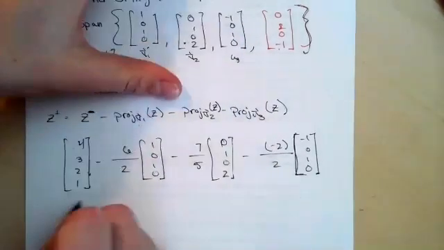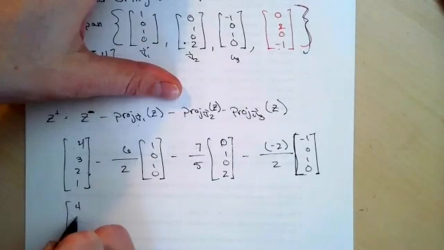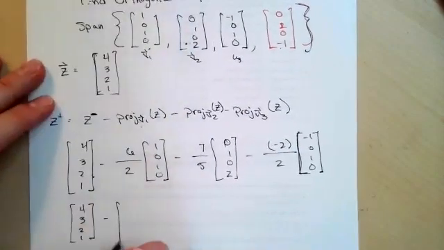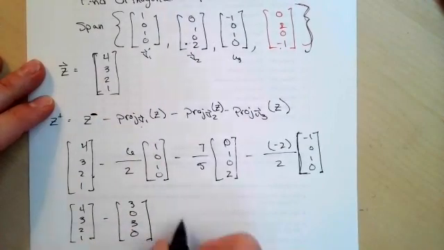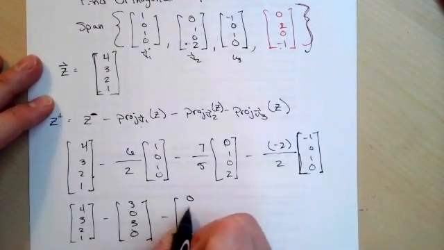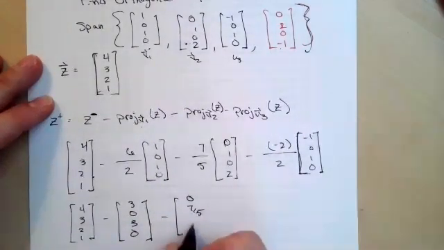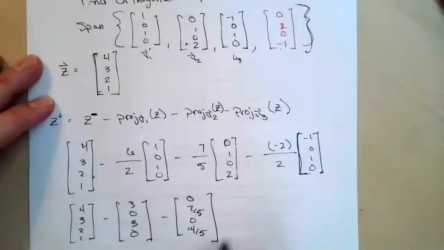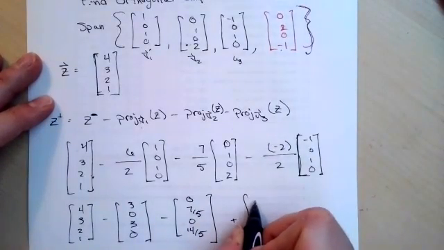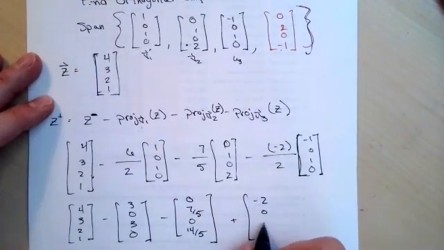So now going through the calculations, 4, 3, 2, 1, minus 3, 0, 3, 0. Fortunately, we did get some 7/5 in there. Minus 0, 7/5, 0, 14/5. And then now plus -2, 0, 2, 0.